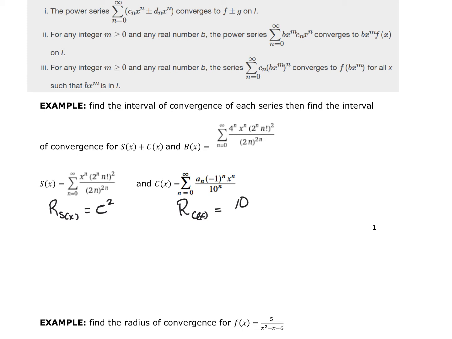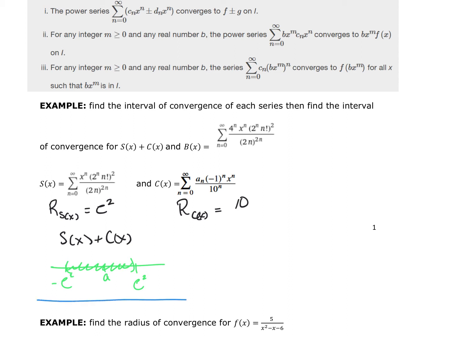So then for s of x plus c of x, if s of x starts at negative e squared and goes to e squared around some center a, and we're going to assume for right now they're non-inclusive.